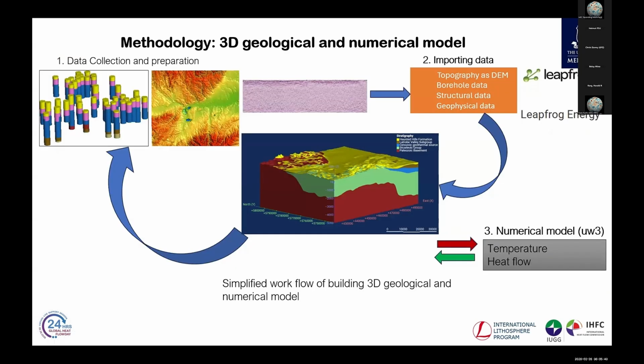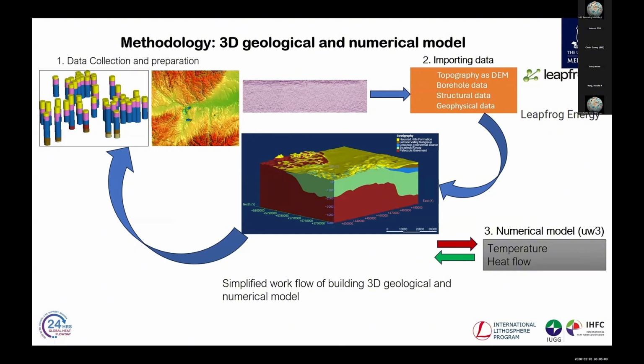So to conduct temperature or heat flow modeling, we have to first build an appropriate 3D model, which is depicting the subsurface structure of the Earth. When building a 3D model, there are several steps we follow. First one is data collection and preparation.